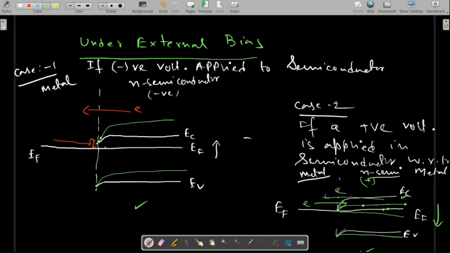If you want to design a perfect non-rectifying contact, it is very difficult. You have to select the metal and N-type semiconductor, so their work function will be in that case.